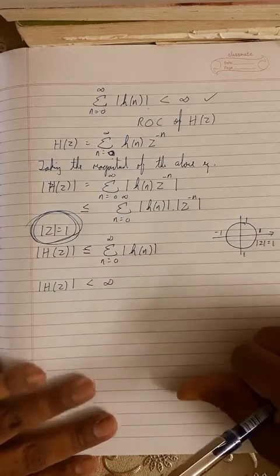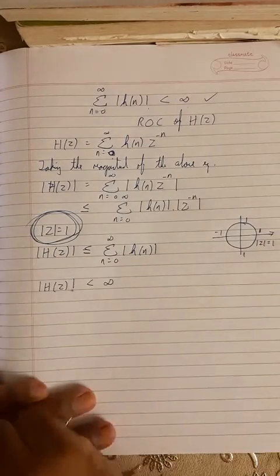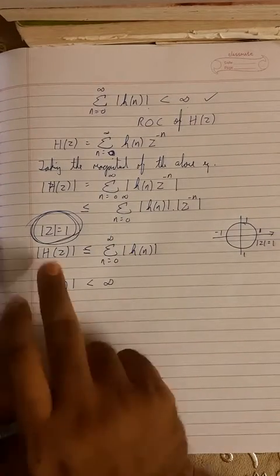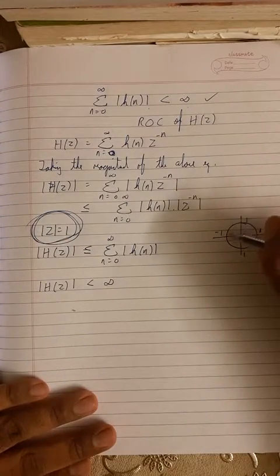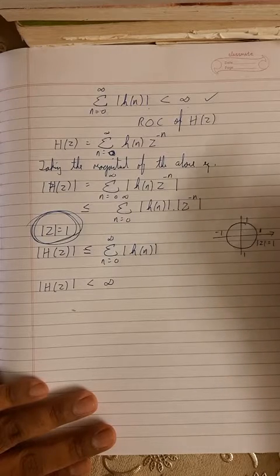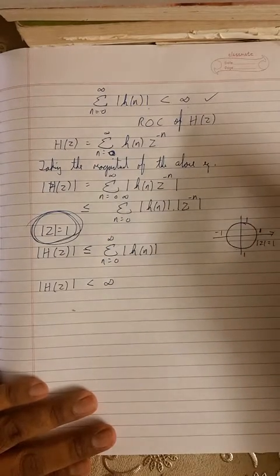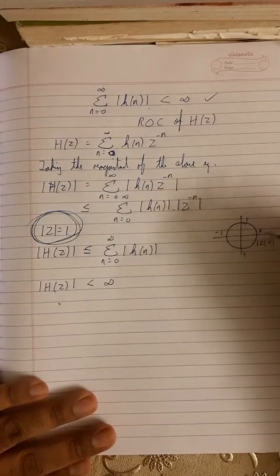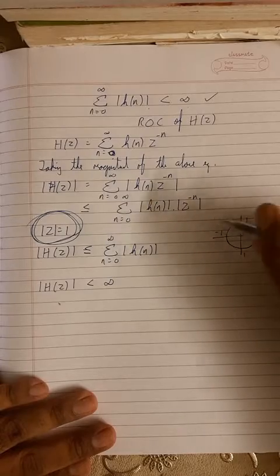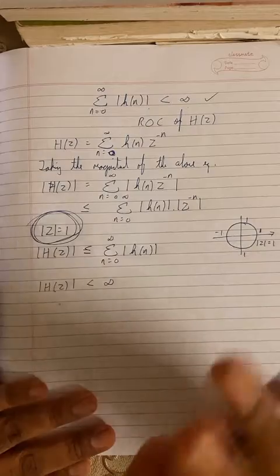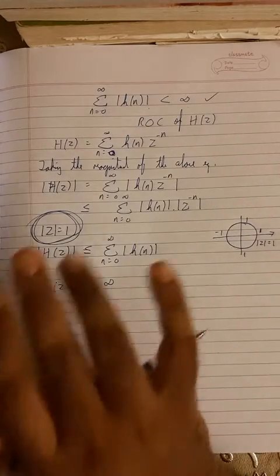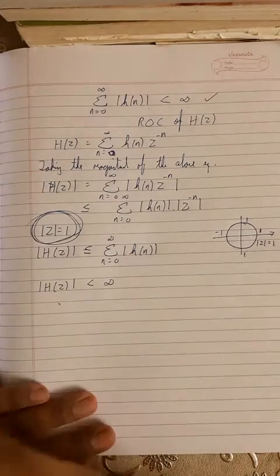This is how we check the stability of the system: the ROC must include the unity circle. The value of z can be anything, but if 1 is one of its values, then I can rest assured that the system is stable.